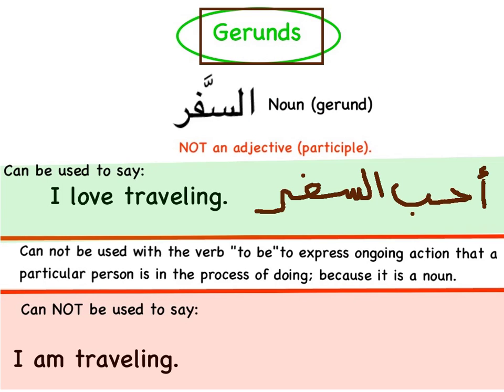Thus, it cannot be used to say I am traveling. Rather, we say أنا أسافر, and we use a present tense to describe the ongoing process in Arabic. أنا أسافر is I am traveling. And you'll learn more about this later in the chapter.